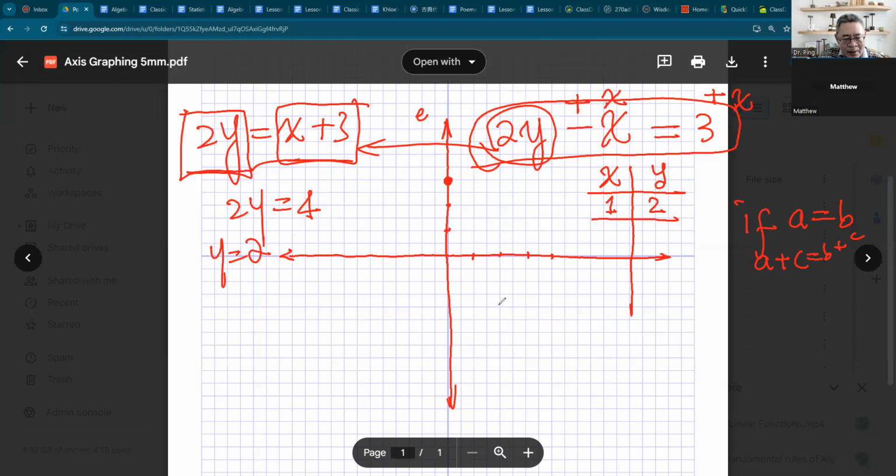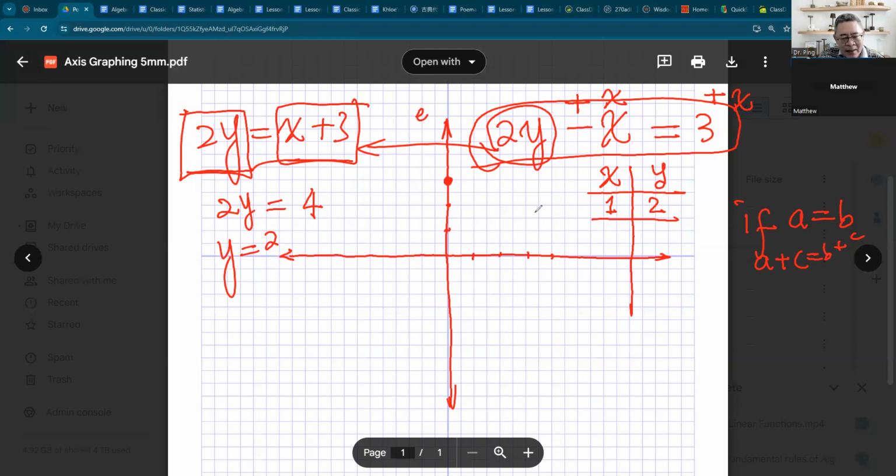Are we good on here? Well, I guess I didn't understand how you got 4 and then it equaled 2. Well, what happens if x is 1? It equals 4. Yeah, this side is 4, but on this side it's still 2y, right? Yep. Then y has to be 2, right? Oh, okay.